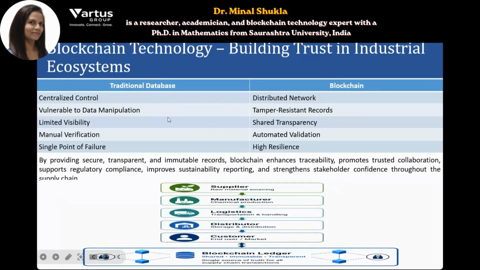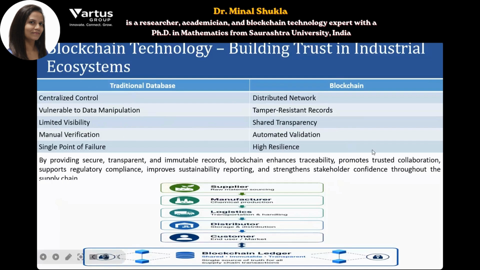Traditional databases are vulnerable to data manipulation, while blockchain has tamper-resistant records. Traditional databases have limited visibility of the data, whereas here there is shared transparency: anyone can see the data, but the condition is that I need a password for that particular ledger.